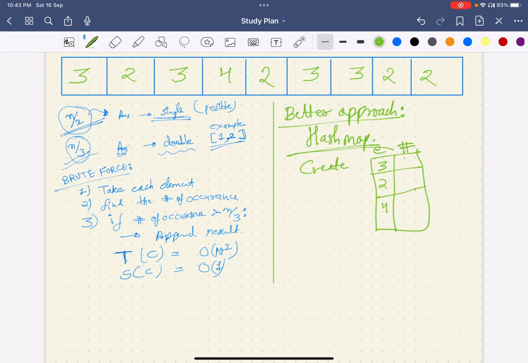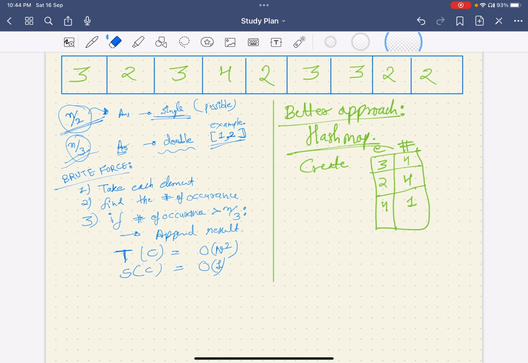The count 3 is present 4 times, 2 is present 4 times, and 4 is present 1 time. So basically we will create this hash map, and we apply one condition that if it's present more than n by 3 times, then we will return that element, right?